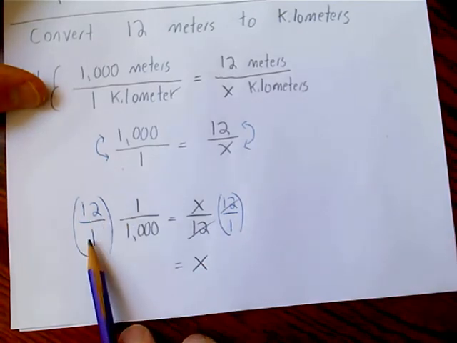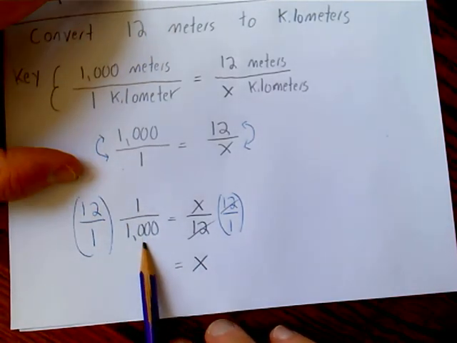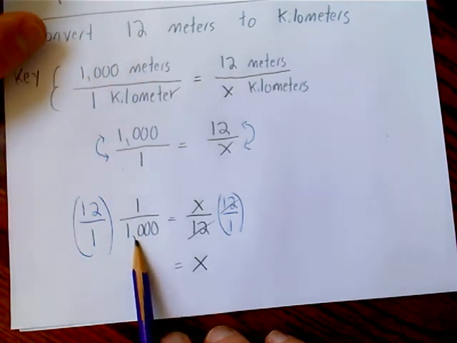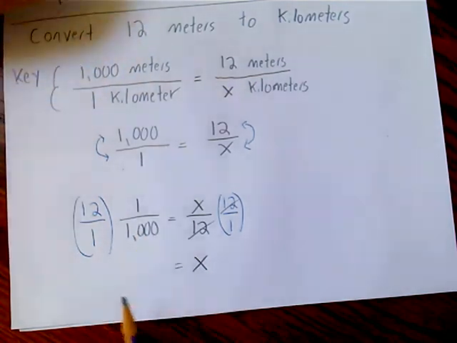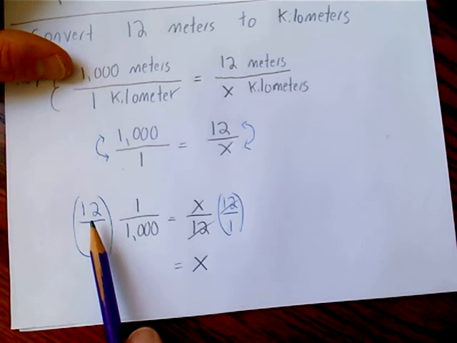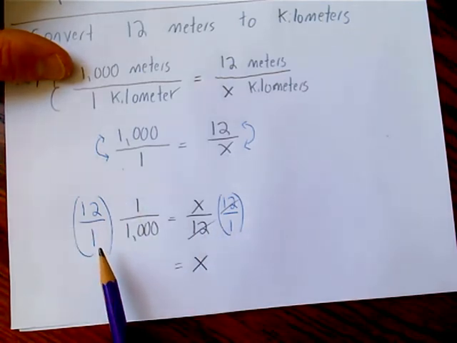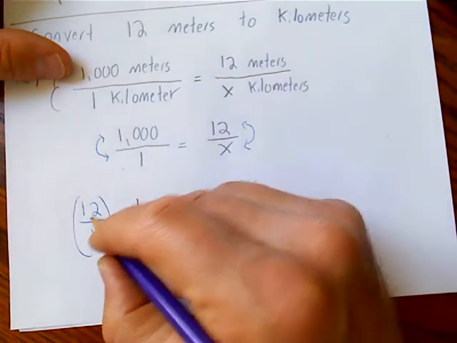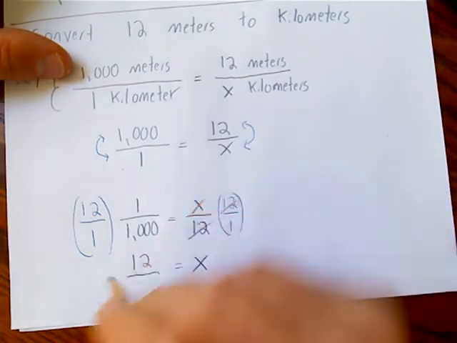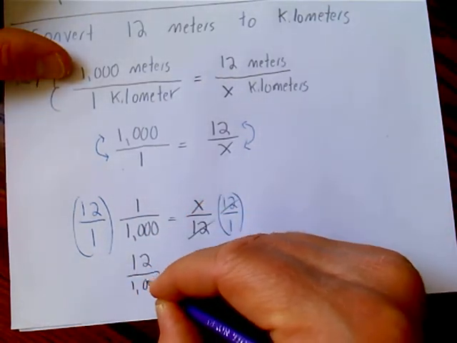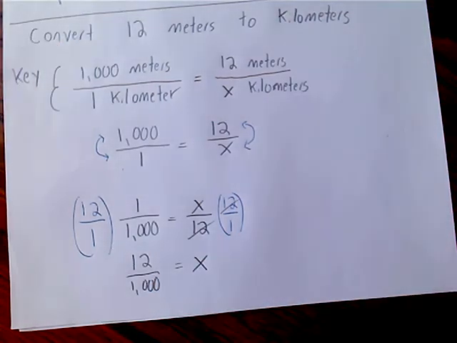And over here, I can't cross-reduce anything. I could, but I want to keep that 1,000 in there, and I'm going to show you why in a second. So this is going to turn into a multiplying fractions problem, where I'm going to multiply across. 12 times 1 is 12. 1 times 1,000 is 1,000. Okay, so what I'm left with is a division problem. What's 12 divided by 1,000?